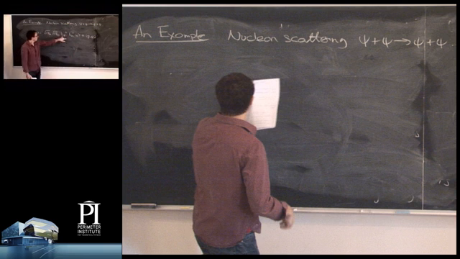I act with two creation operators for the psi particles. They're the B's, and these are the relativistic factors that I have to put in for normalization. The final state is also going to be two nucleons, but we're interested in some scattering process.